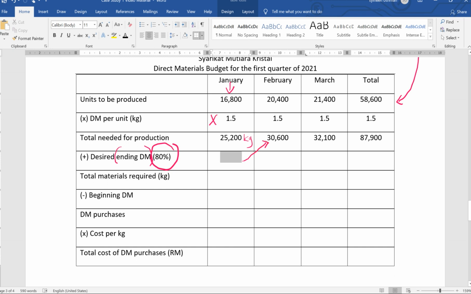Okay, so nilai dekat sini ialah 80% daripada February. Okay, so yang ni pun sama, it will be 80% daripada March, and March you akan guna maklumat daripada April. Alright, so you're gonna get 24,120.